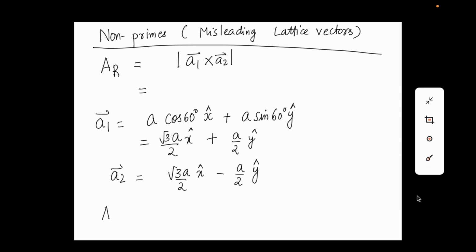So in this case, your real-space area would become 2 times a by 2 times root 3 a by 2, which is root 3 a square by 2.